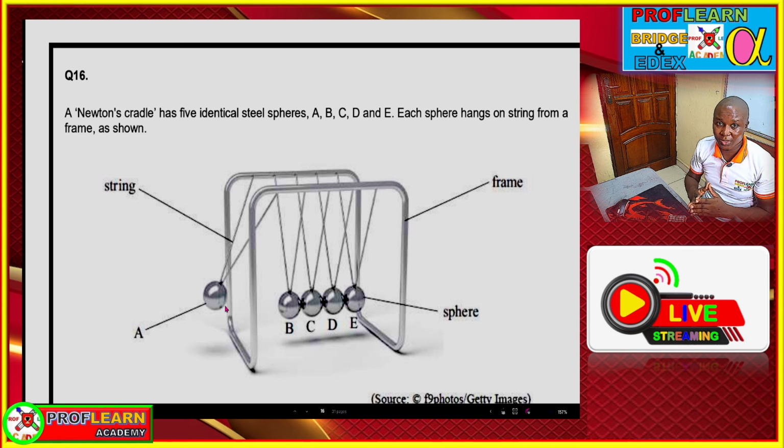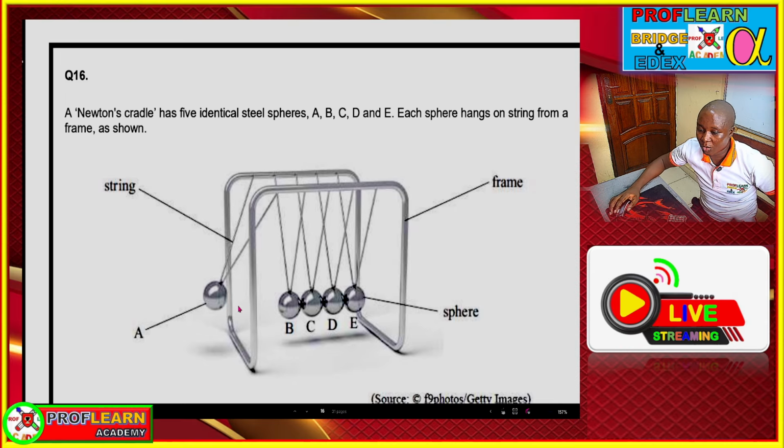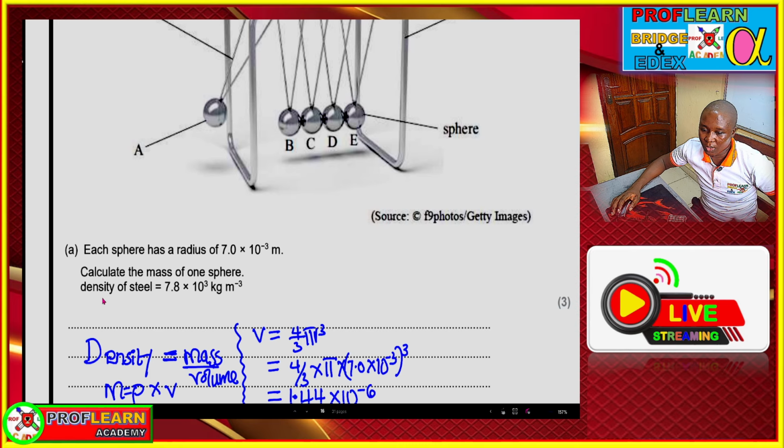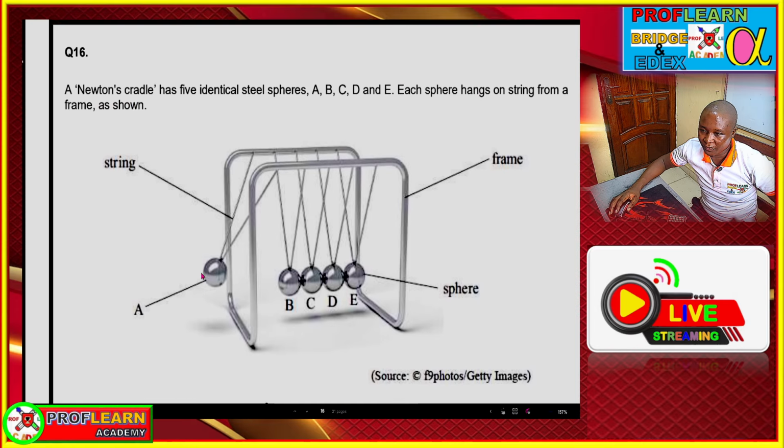Momentum is a vector quantity which is calculated by mass times velocity. But what about impulse? Impulse is Ft, force times time of impact, and also impulse is equal to the change of momentum.